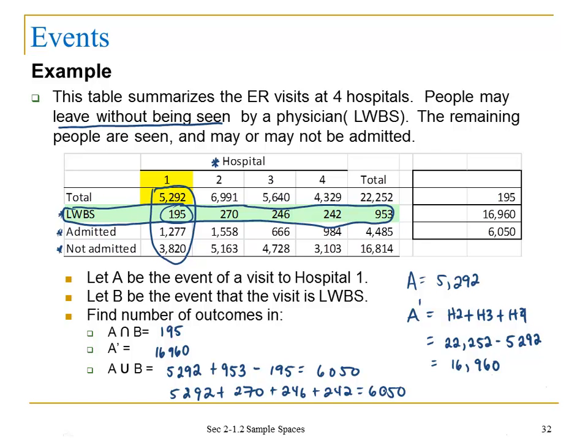But if you add this total plus this total, you will count these patients twice. So you need to avoid that. You will take the total here. These 195 patients are already part of this total. So the only patients that are left to be taken into account are this one, and this one. Okay? So that's why you can do this. Or you can look at the total and subtract that portion.